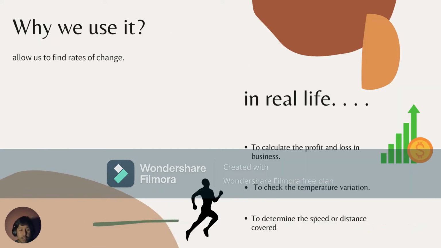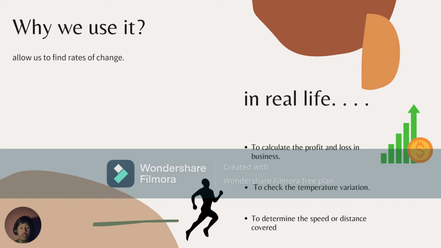So why do we use differentiation? It is crystal clear that we use differentiation to allow us to find rate of change. In real life, we use this method, this process, to help us in our life. For example, here are 3 examples.